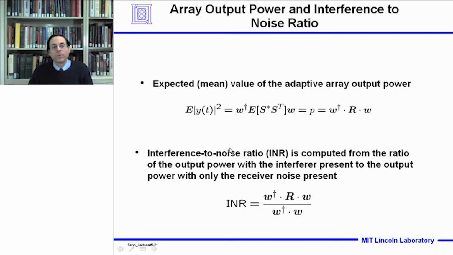Now if we want to know the interference noise ratio, that's computed from the ratio of the output power with the interferer present to the output power with only the receiver noise present, as shown here. So it would be the weight conjugate transpose times R times the weight vector divided by the weight vector conjugate transpose times the weight vector.